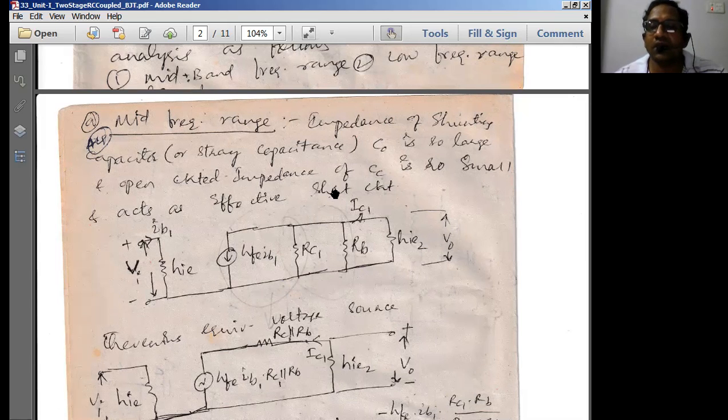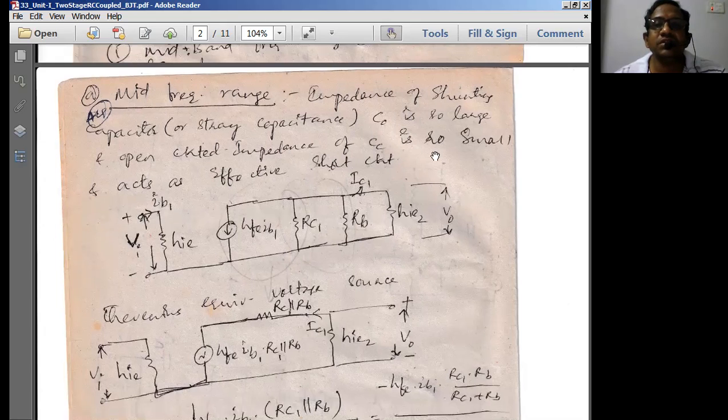As you increase the frequency to a very high value, normally more than 1 megahertz or so, the effect of the capacitor comes into the picture as its reactance decreases. Therefore the effect of C naught is considered to be very, very small at low and mid band frequencies, so C naught is taken as open circuited. Therefore we don't consider C naught in the circuit.